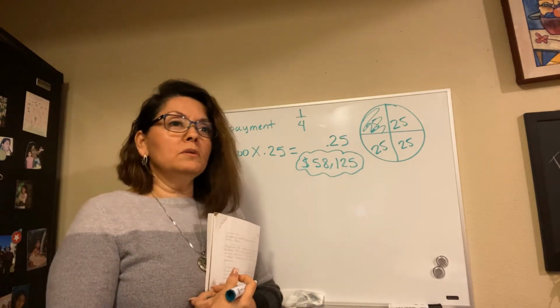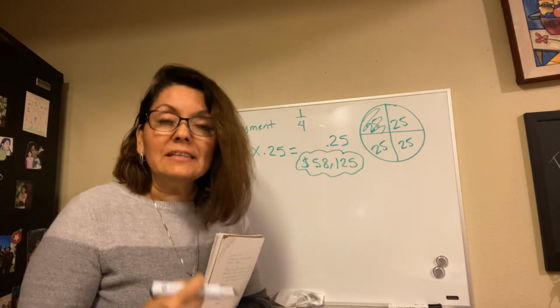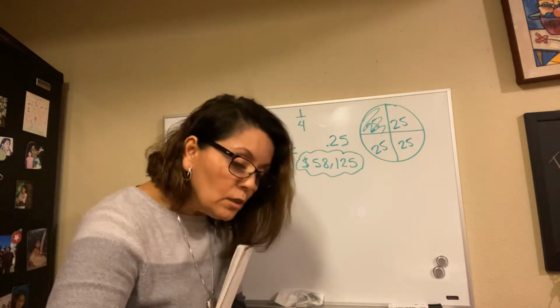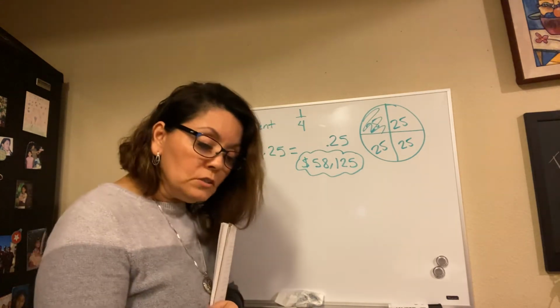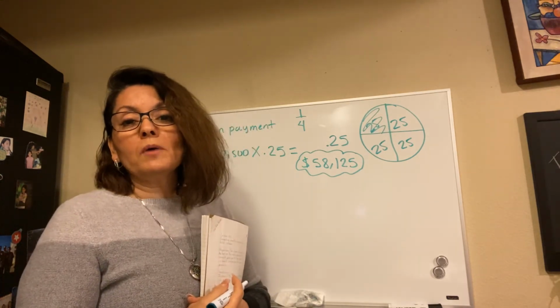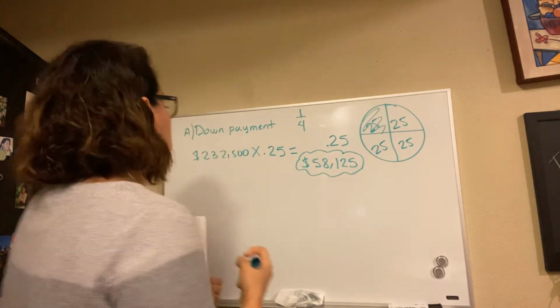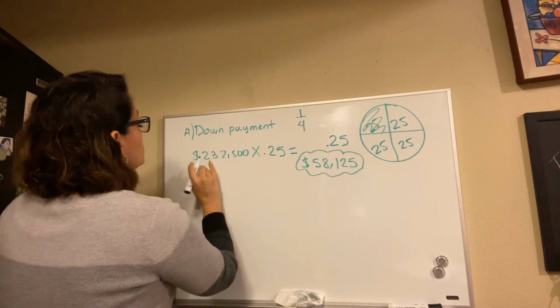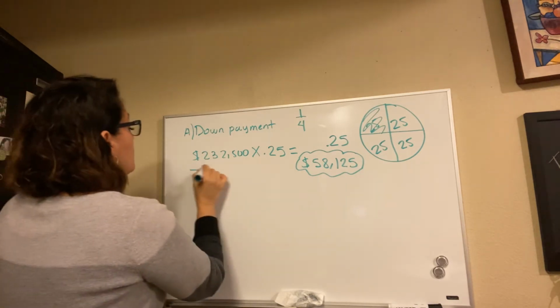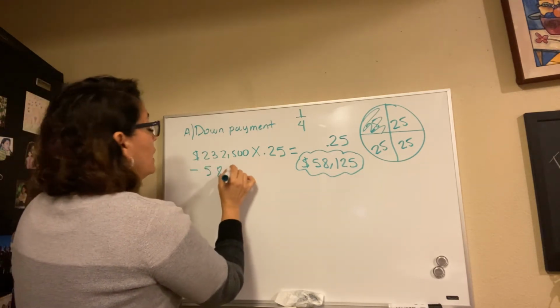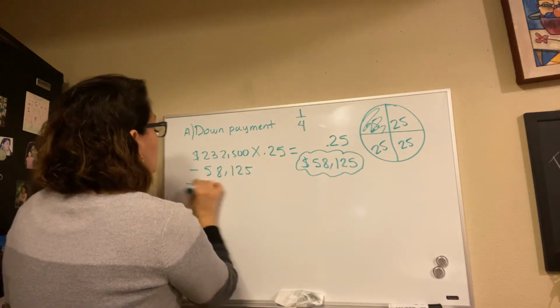What am I going to do with the down payment? Down means going low, going down, down, down. I'm going to subtract. Always, always, always subtract the down payment. So I'm going to do 232,500 minus 58,125.